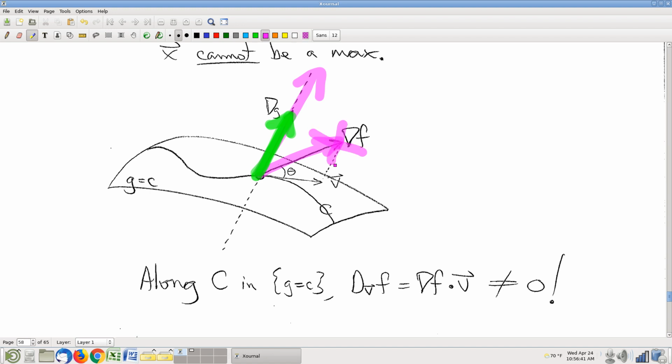If this happens, cosine theta is 0. In which case, again, I get 0. The function is not in the process of increasing. I can't eliminate it as a possibility. So any time any one of those three things happens, my simple-minded process of elimination fails, and I have to recognize that I don't know what's happening at that point. Maybe it's a max, as far as I know. I'm just going to call it a critical point, and we'll figure it out later.